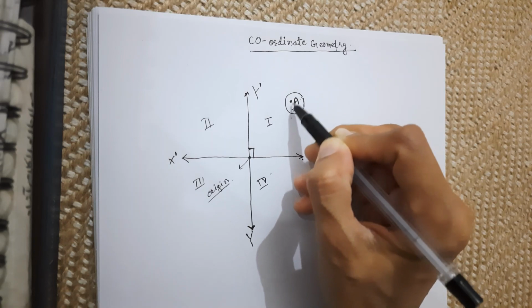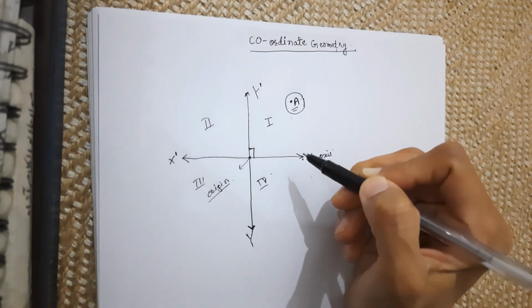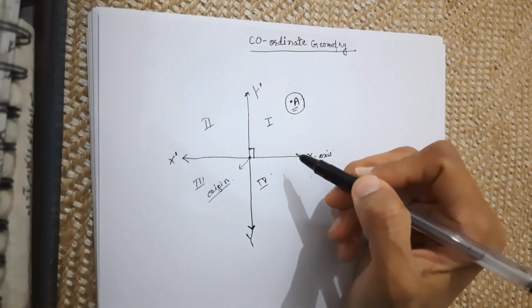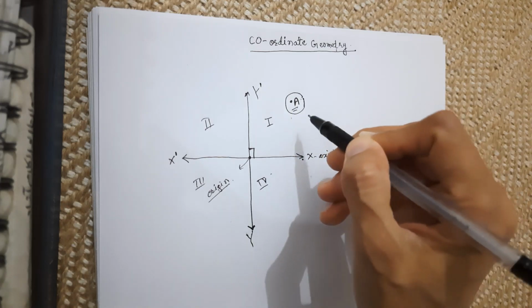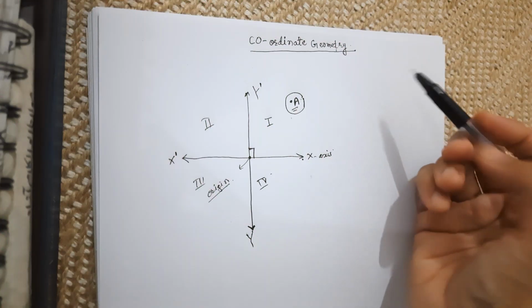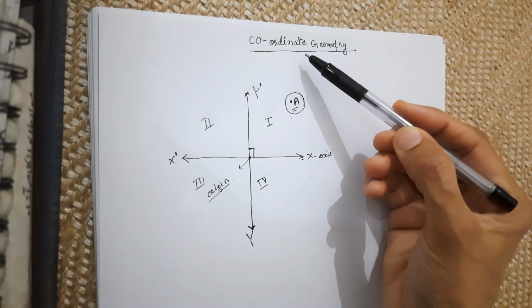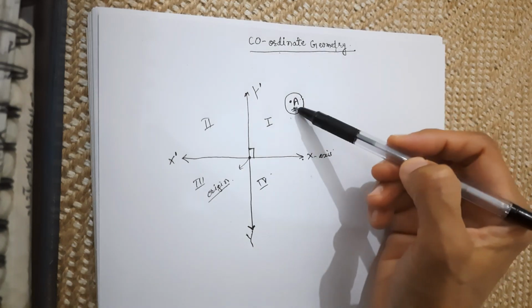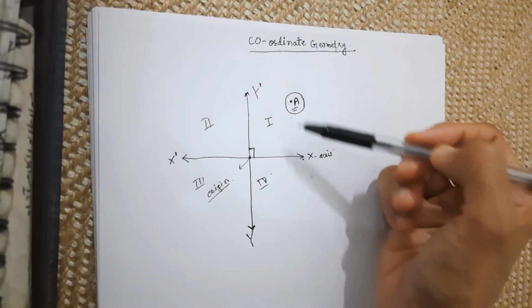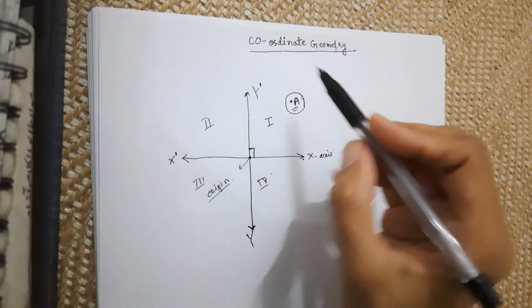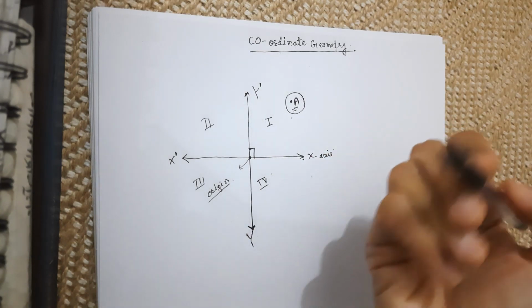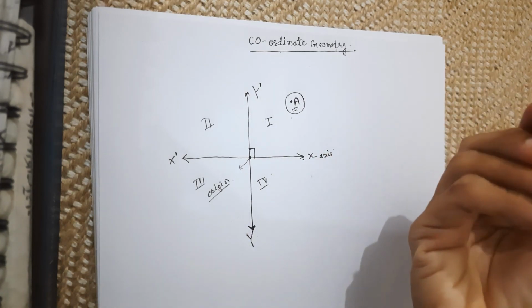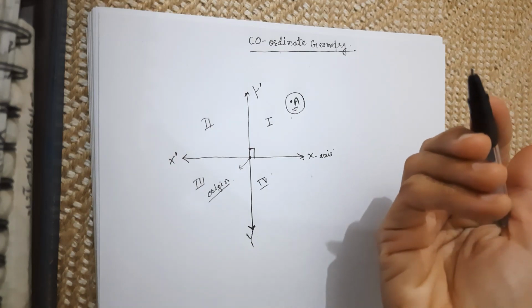Suppose I draw this point A and I ask where this A is, someone will tell me that it is below the word coordinate geometry. So below, but how much below? We cannot exactly locate it, and everybody considers it as per their own understanding.